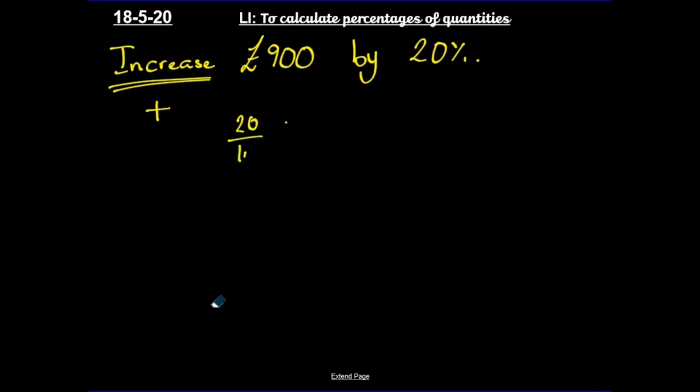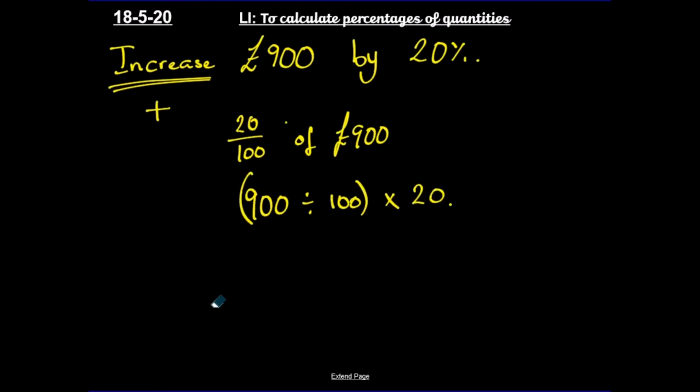So 20 over 100 of £900. So that is going to be 900 divided by 100 times by 20. Okay. Well, 900 divided by 100 is 9 times by 20. 9 times 2 is 18, so 9 times 20 is 180.